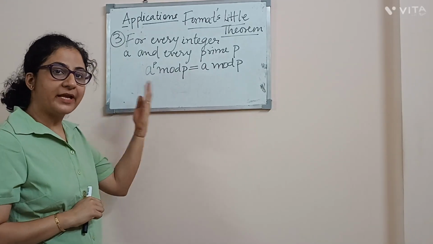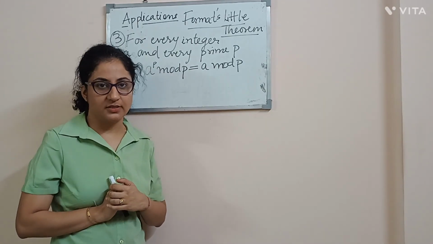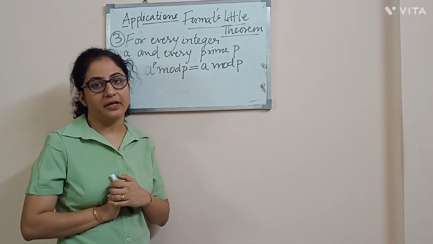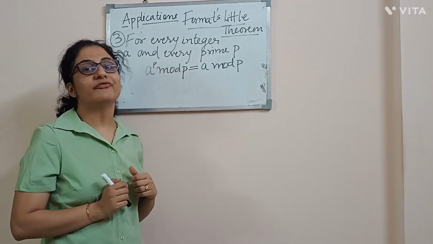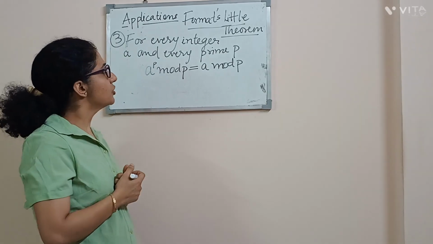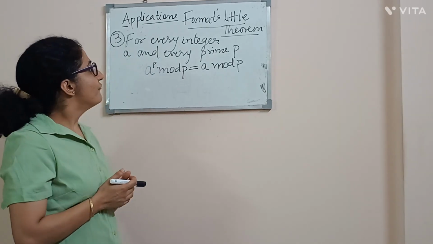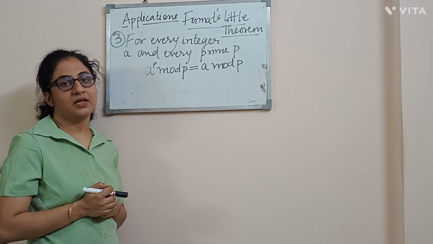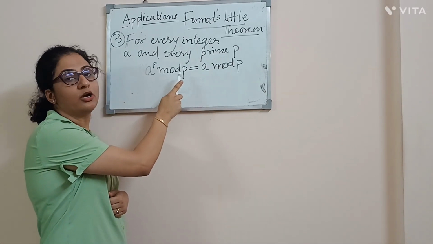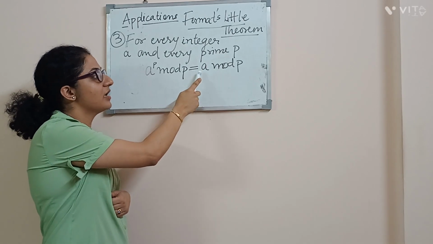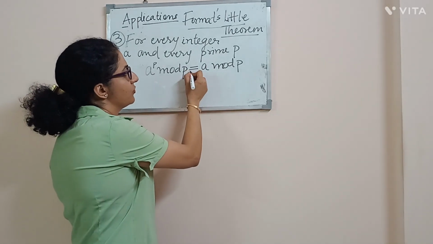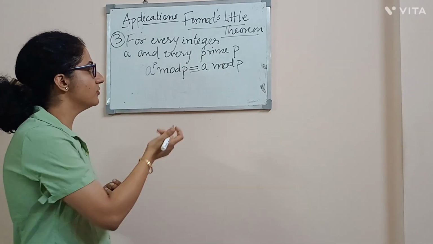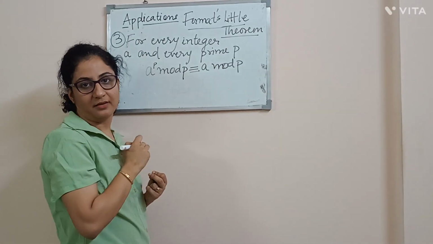We are moving to the next application of Lagrange's theorem. It is a very important and very applicable one. It is also called Fermat's little theorem. What exactly does it say? For every integer a and every prime p, a raised to the power p mod p is congruent to a mod p. Since we are using modulo, we can replace equality by congruence.